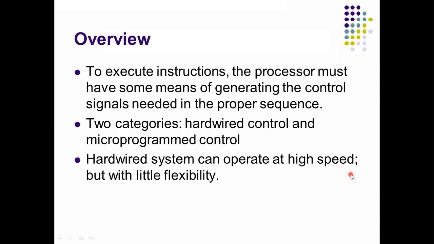Suppose if we want the factorial of a given number, then also we are adding some more instructions. That's why changing the hardwired control unit will be very tough. That's why the flexibility in this hardwired control unit is very low. So this is about the hardwired control unit.